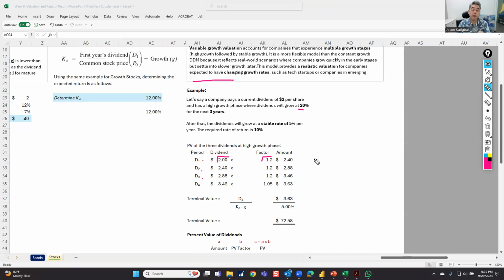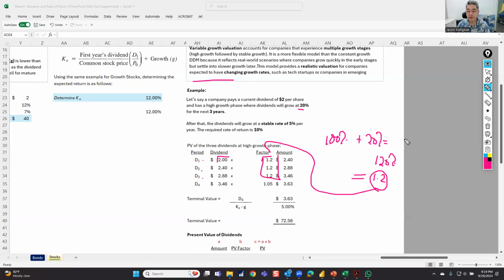So that's why I need to multiply by 1.2. So basically, 100% plus the 20%, sorry, equals 120%, which is also equal to 1.2. That's why you have the 1.2 here, constant, right? Why? Because there will be a 20% growth in the next 3 years.